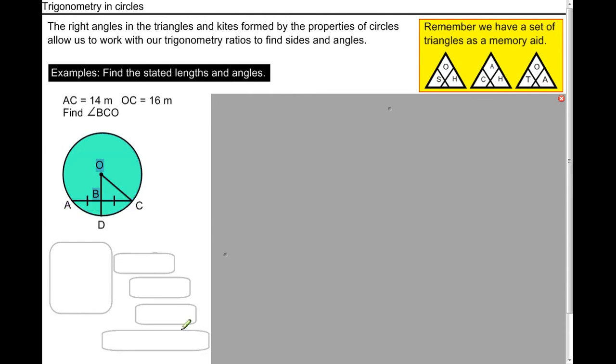And I've been asked to find the angle BCO. The angle BCO, if I trace out those three letters from B to C to O, would be that angle there.